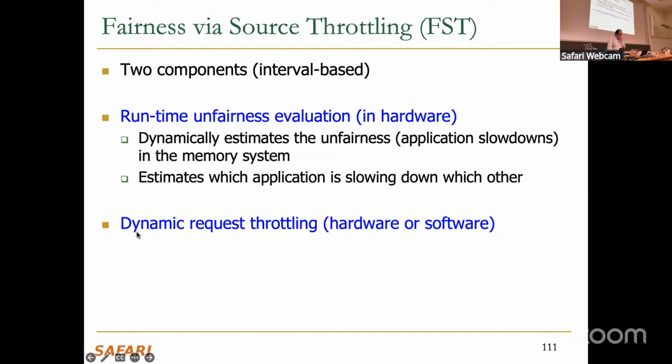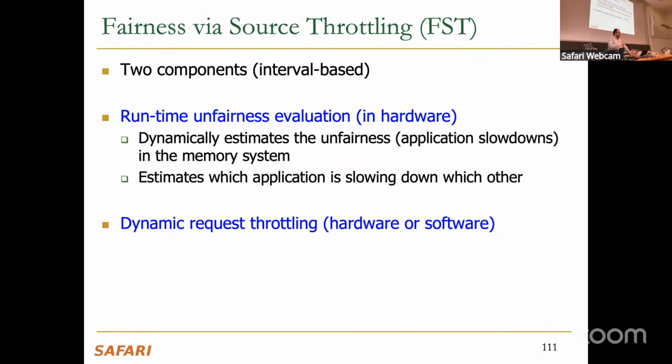And then we also need to do dynamic request throttling, which can be hardware or software. Hardware can enable or enforce that throttling. It can also be at the software level, where the operating system observes different applications and can throttle some applications.